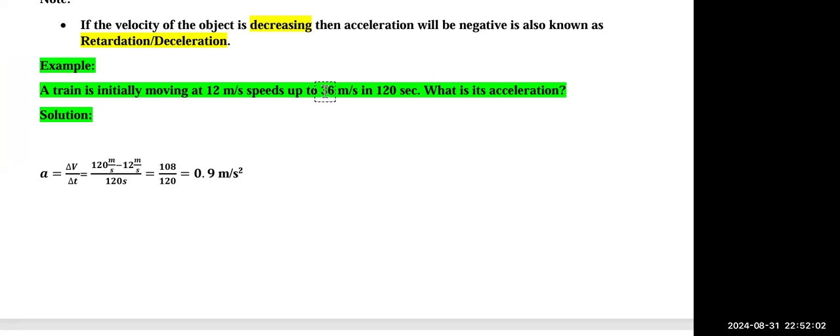Yes, this is not 36, this is 120 meter per second. So your speed is changed from 12 to 120 meter per second. So 120 minus 12 will be equal to 108, and time taken is 120. So your answer will be 0.9 meter per second square. It means your train is gaining 0.9 meter per second speed in 1 second.